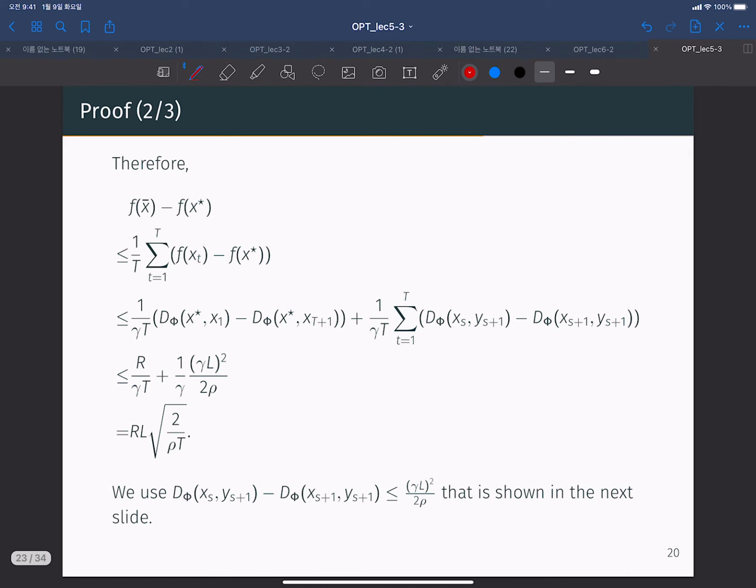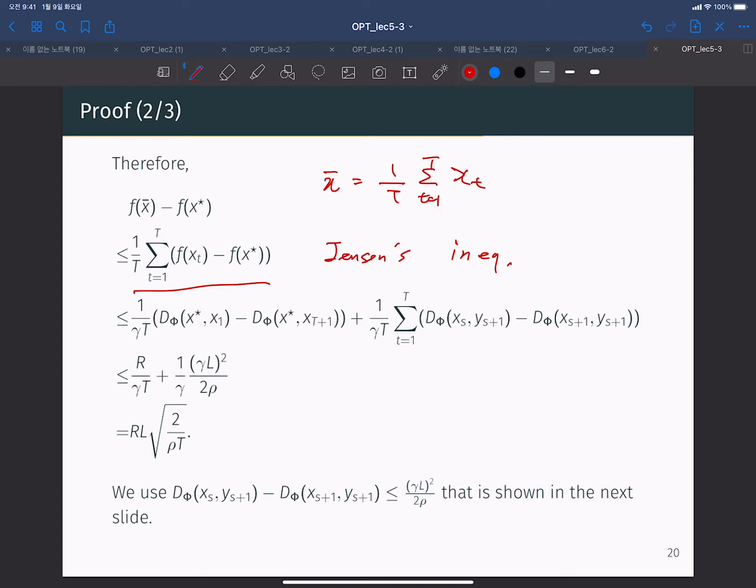Therefore, when we define x bar as 1 over T times the sum from t equal to 1 to capital T of x_t, then from Jensen's inequality we have this because f is a convex function.